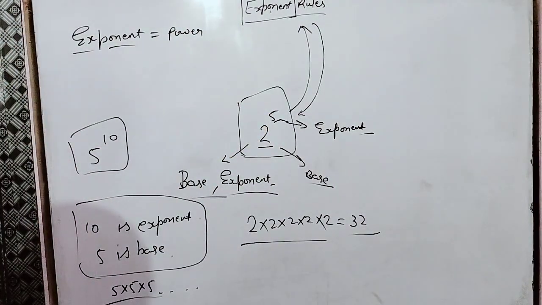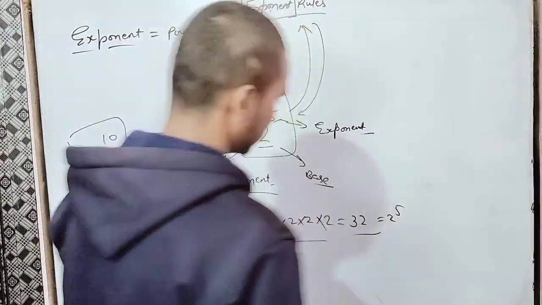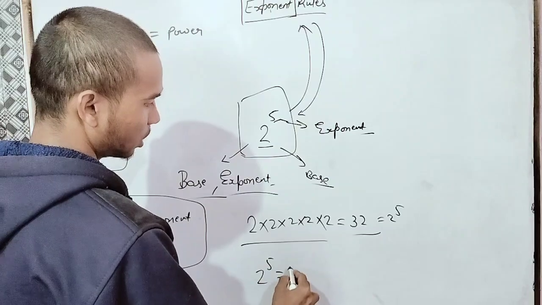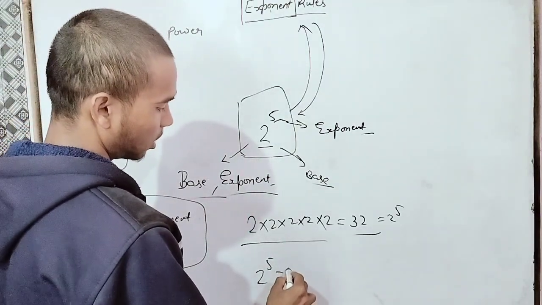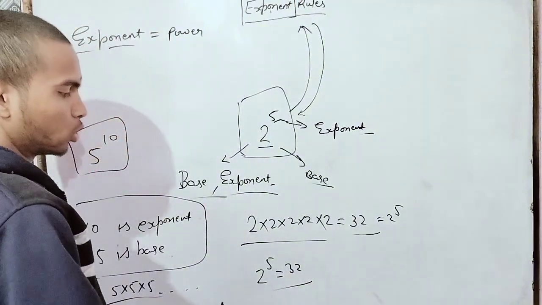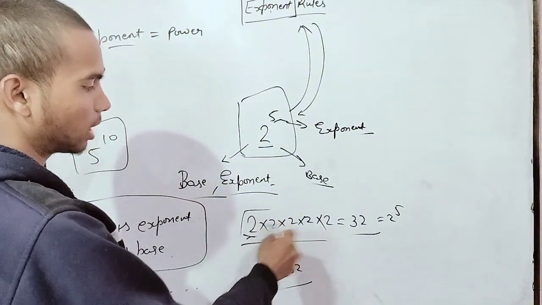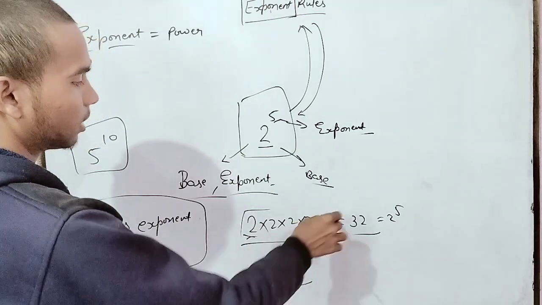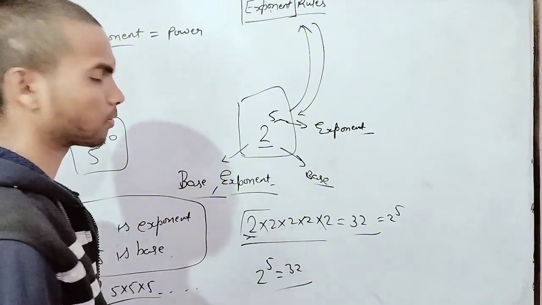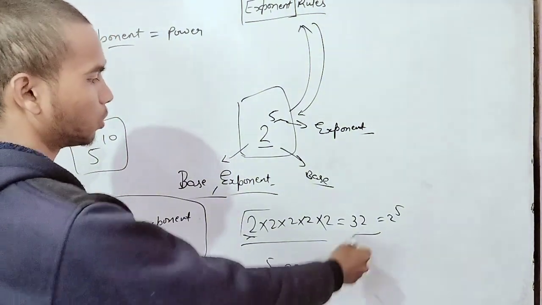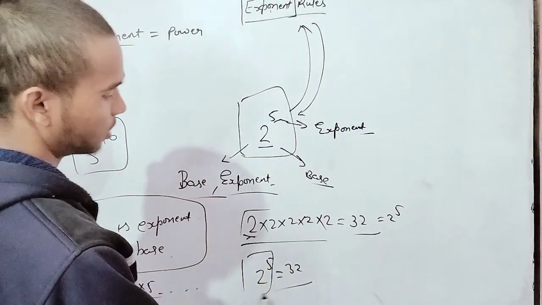Similarly, otherwise you can write it like that. You have this problem, then someone asks you what is the answer of this, then you will answer 32. So you answered by multiplying 2 times 2, 5 times. Then you get the result 32. So the answer of this is 32.